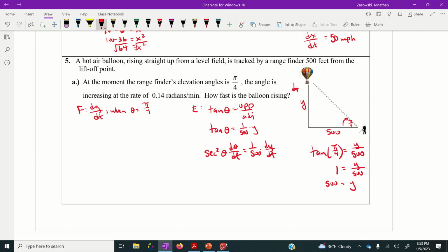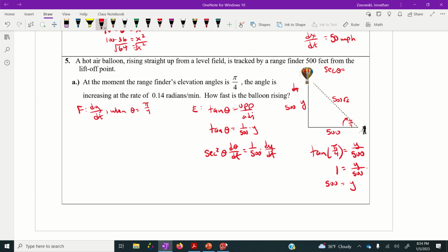Now remember, secant theta is equal to the reciprocal of cosine theta, okay? So cosine is adjacent over hypotenuse. Now, if you remember your Pythagorean triples, this is a 45, 45, 90. If these are both 500, this side is 500 square root of 2. And you can do the Pythagorean theorem to get that as well.